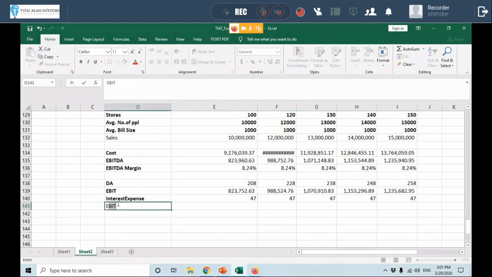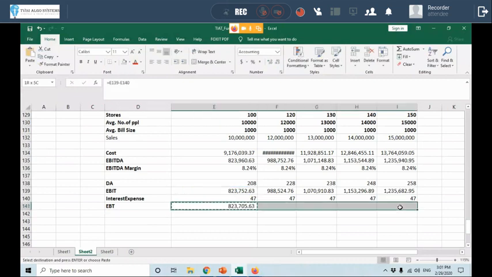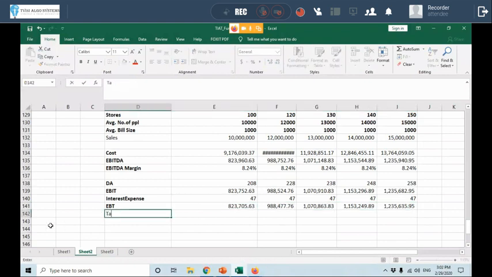I got my EBT, which is equal to this minus this. I have my taxes, some 500 crores I paid. I assume this will be same every year.